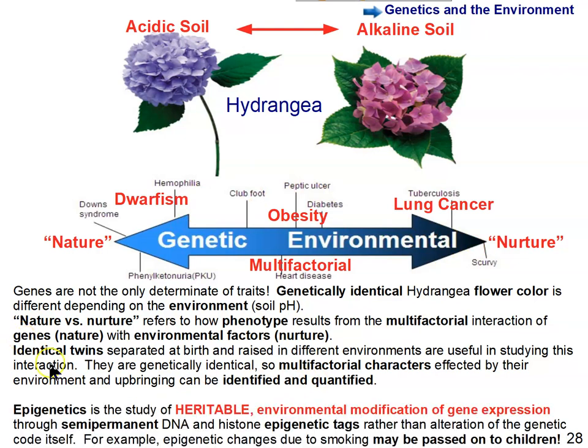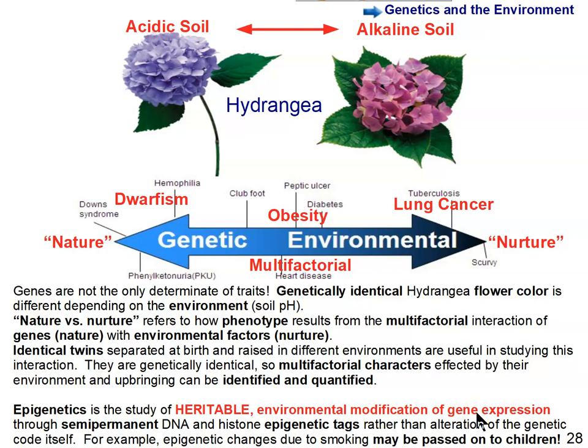And then there's a whole new level of genetics that really goes way beyond Mendel, known as epigenetics. And it's been discovered that there are heritable environmental modifications of genes that take place as a result of our environment.